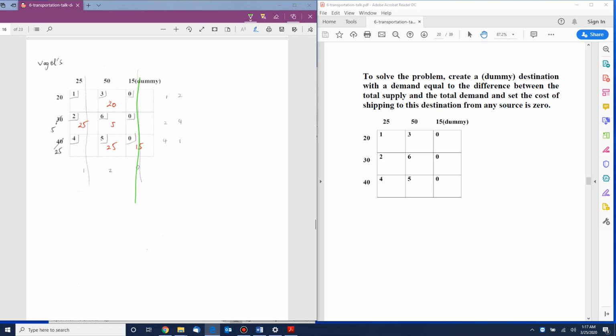On row 2 the cheapest one is 2, so we put the amount we can put in. The market one needs 25, and we have 30 in source 2. So we put 25 into it, and then we cross this column.